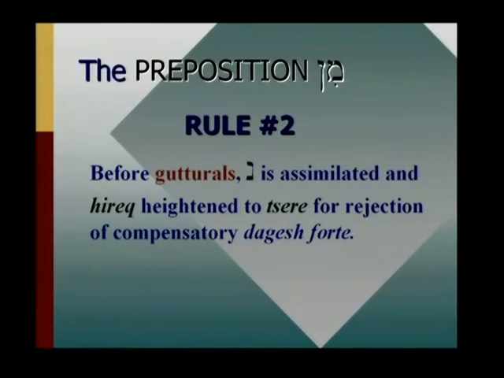All right, rule number 2. Before gutturals, noon is assimilated and the hirik heightened to tsere, to compensate. Adam, a man. Me'adam, from a man. Why the tsere instead of a hirik? Because the noon cannot be compensated for by a doubling dagesh in a guttural, because a guttural what?